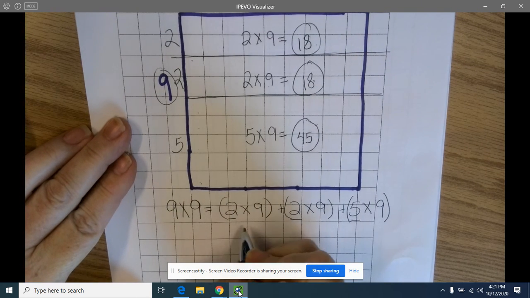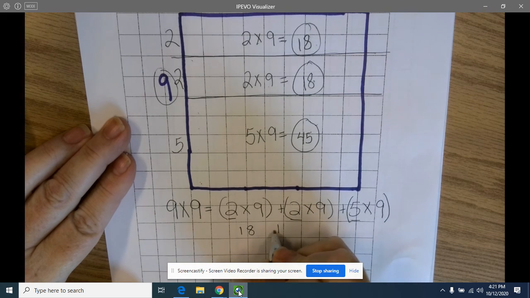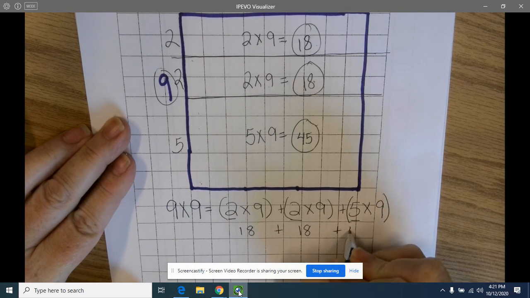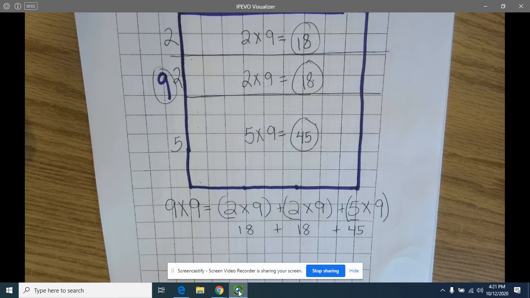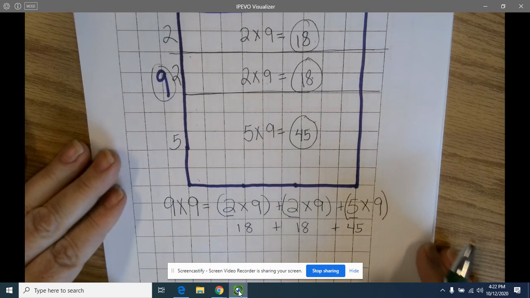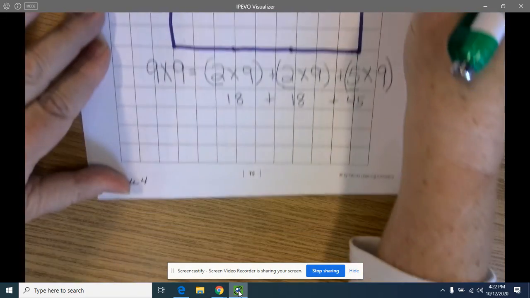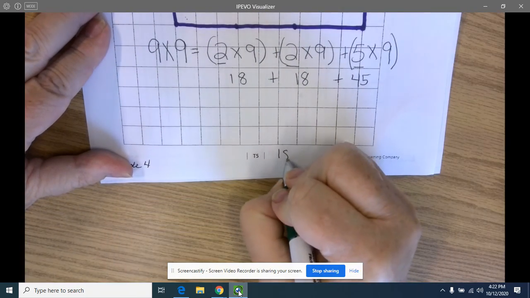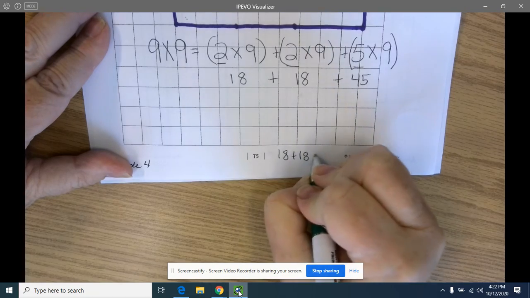All right. 2 times 9 is 18, plus 18, plus 45. How would you go ahead and solve this problem with addition? There isn't a right way or a wrong way. Well, there are many different correct ways to do it. Let me say that. So I'm going to start with my 18 plus 18.